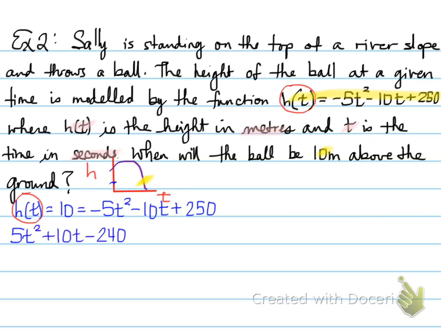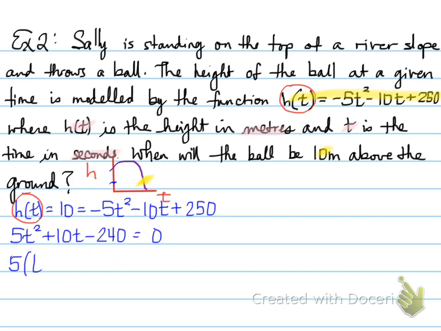We move the 10 over, and it becomes 5t squared plus 10t minus 240 is equal to 0. Remember, it's 10 over here. We move the plus 250 over, so 10 minus 250 becomes minus 240.